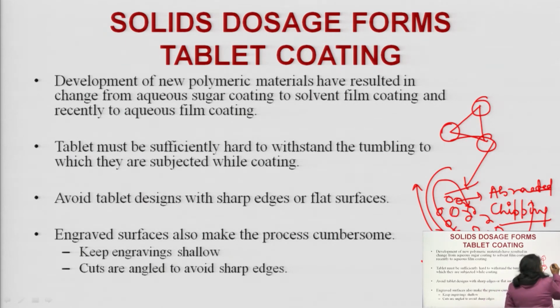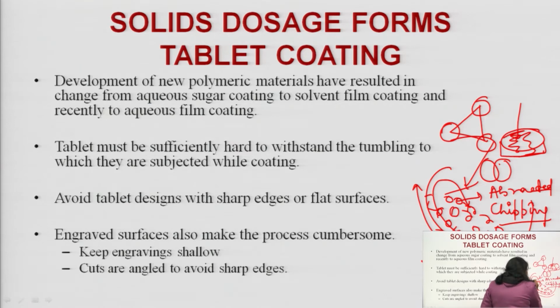Or if the tablet has a flat surface, then when the coating solution is sprayed on it, one tablet will bind to another tablet, or when the tablets are wetted, they may stick to the coating pan itself. So, we should avoid tablet designs with sharp edges or flat surfaces.